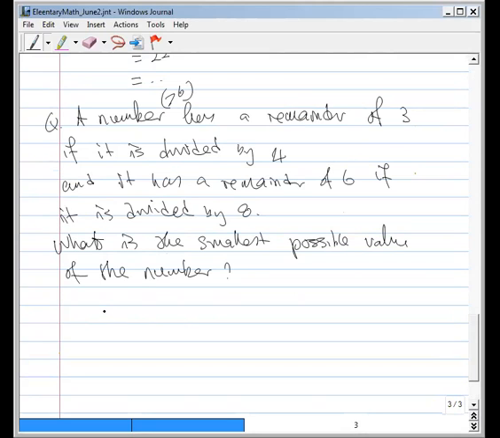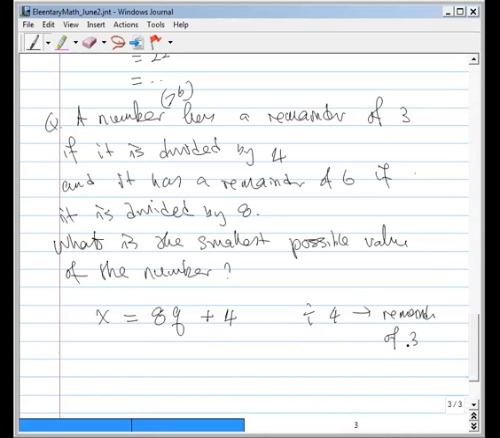So as a number, the number is divisible by 8, right? 8 times quotient, right? The remainder is 6. Now this number is going to be divided by 4, right? It should give you the remainder of 3.